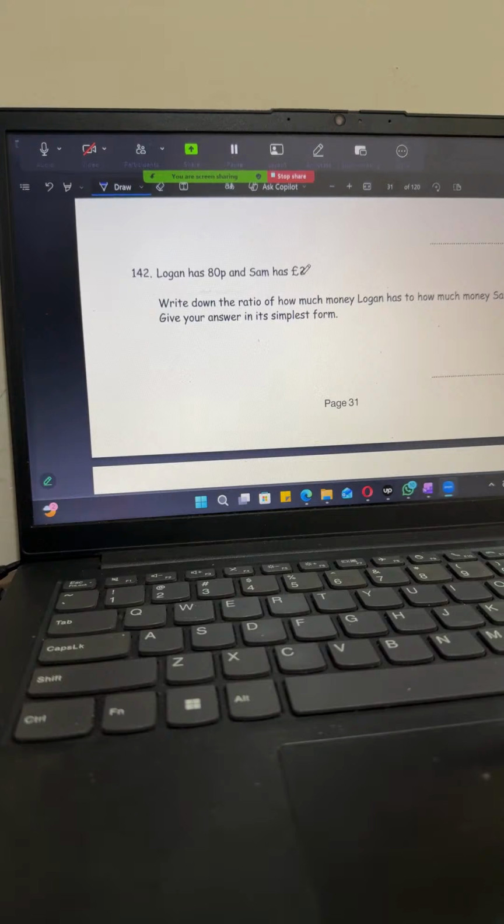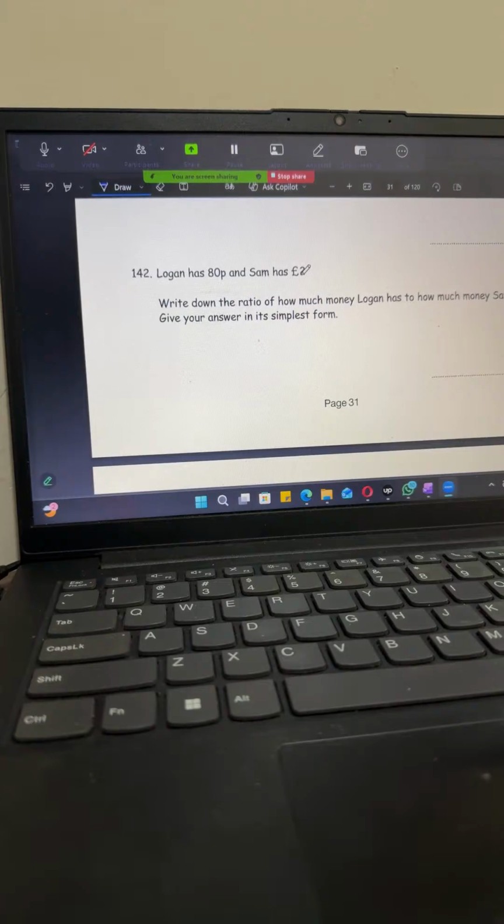Logan has 80p and Sam has £2. Write down the ratio of how much money Logan has to how much money Sam has. Give your answer in the simplest form. Okay, so you have to write down the ratio. What's the initial ratio? I think it's going to be 80 to 200.